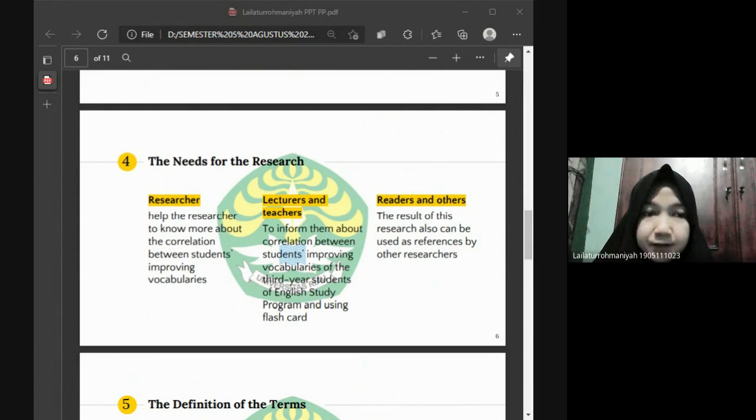And last one, for readers and other research, it can inform them about the correlation between students improving vocabularies of the third year students of English study program and using flashcard. The result of this research also can be used as reference by other researchers about student improving vocabularies of the third year and using flashcard.